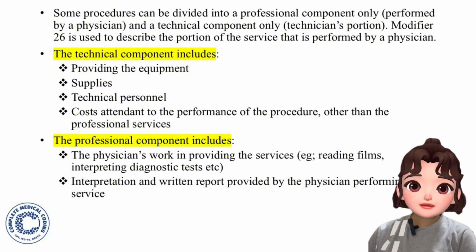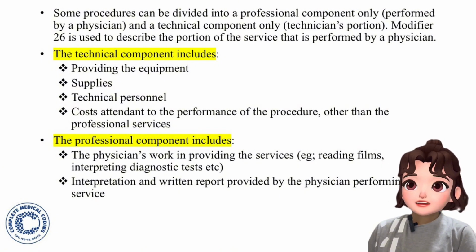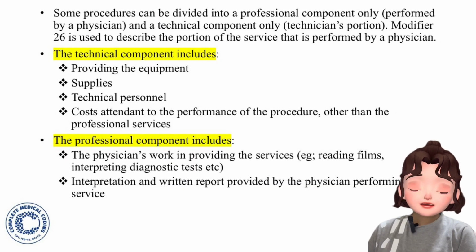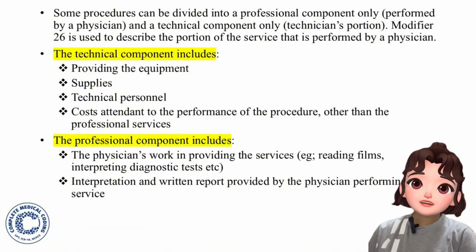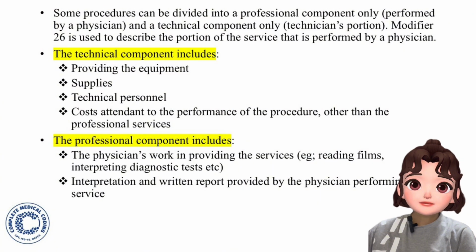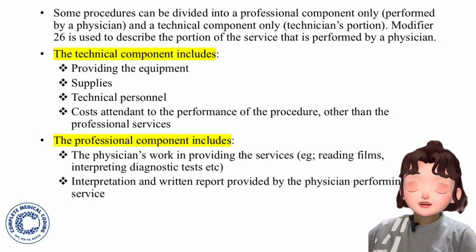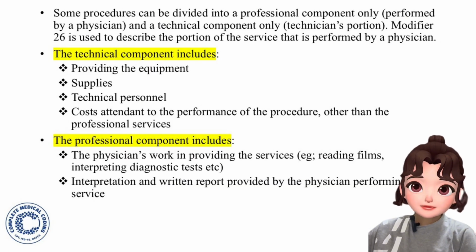These modifiers occur mainly in the radiology section. Interpretation and written report are provided by the physician performing the service. If the interpretation and report is carried out by the physician, then you have to append the professional component modifier, that is 26. You will come to know in detail when we discuss the examples.